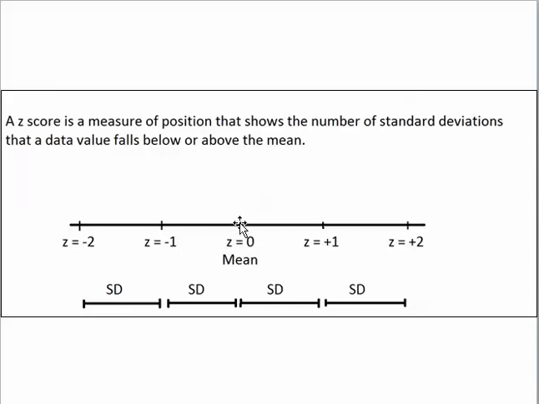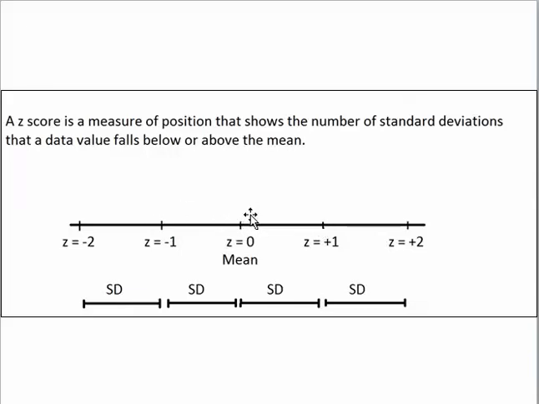That means that a person with an IQ of 115 has a z-score of +1, and a person with an IQ of 85 has a z-score of -1, because 100 plus 15 is 115, and 100 minus 15 is 85.